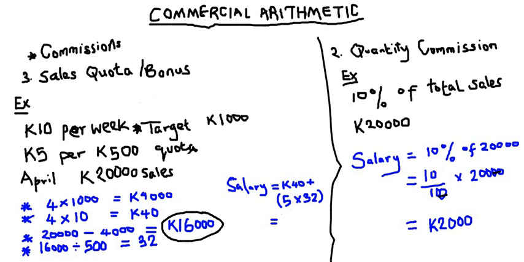So that gives us a total earning of 200 kwacha. Okay, so that is how we calculate commissions.